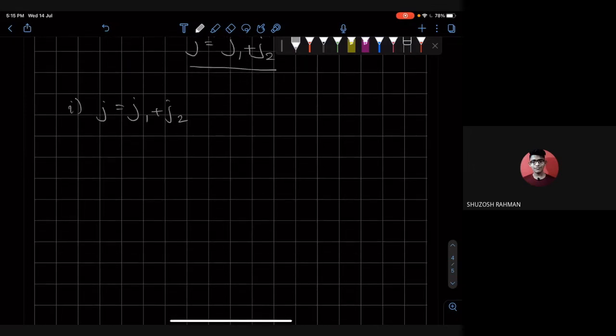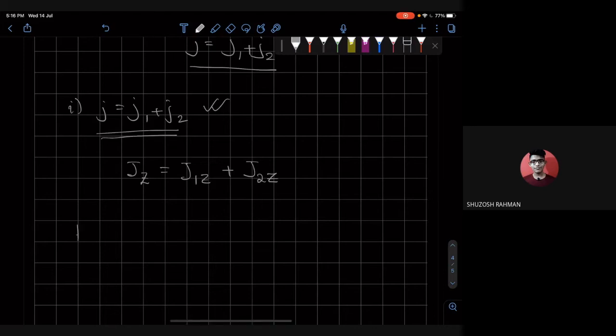Now, since Jz is J1z plus J2z, this can happen if... So now what we want to do is see the highest weight state, which has this total J value.